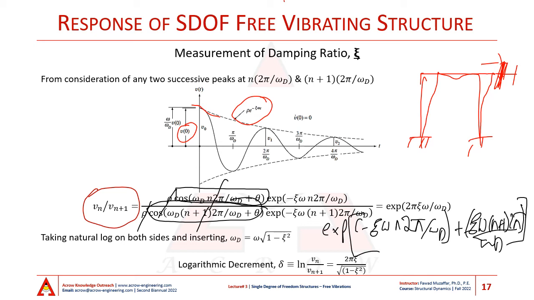And if we solve this, we'll end up with this on the right hand side, noting that omega d is equal to omega times the square root of 1 minus psi squared, and taking natural log on both sides, we can define a logarithmic decrement, which is the log of decay of response between two successive peaks, given by this equation, 2 pi psi over the square root of 1 minus psi squared.